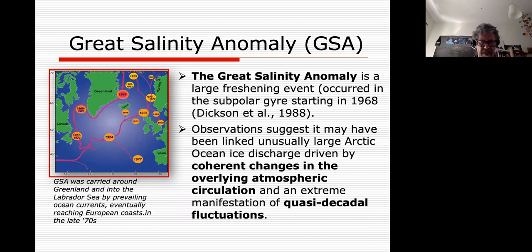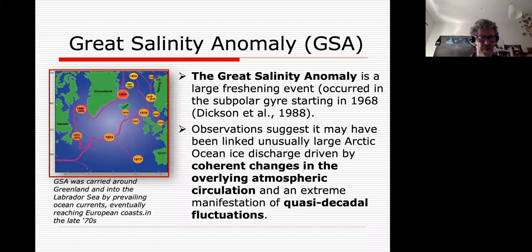And this freshening event has been dubbed the Great Salinity Anomaly, that took place in the subpolar gyre starting in 1968.